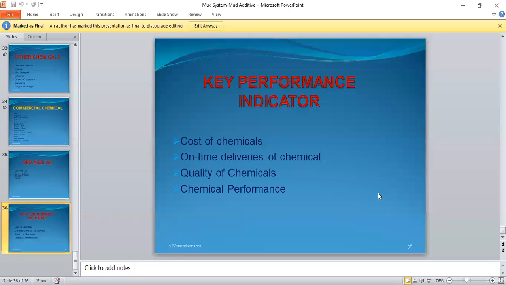Company A will have a particular chemical, it is working very well. Company B will have a particular chemical, it is also working very well with respect to how they have manufactured it. You as a mud engineer, you have worked for company A, and now you are working for company B. You have to understand company B, how its chemicals are.